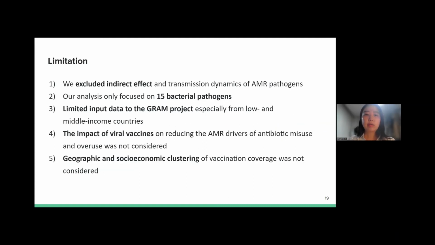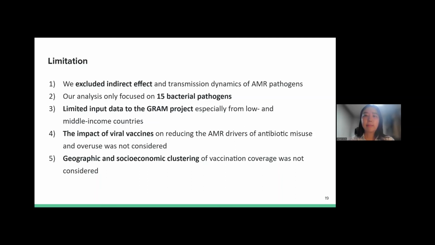However, our research should be interpreted with caution due to the limitations of our study. For instance, as we only look at the direct effect of vaccination, we did not really capture the indirect effect and transmission dynamics of AMR pathogens. And next, we only included 15 bacterial pathogens.